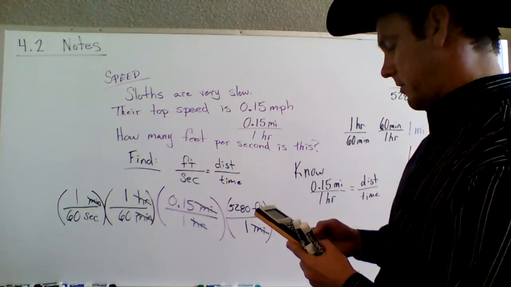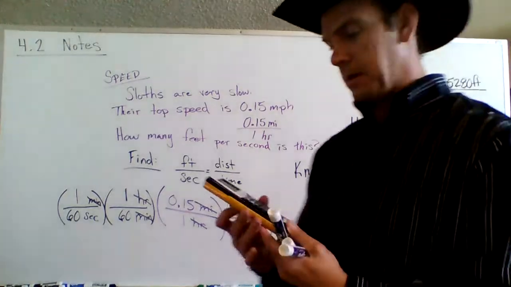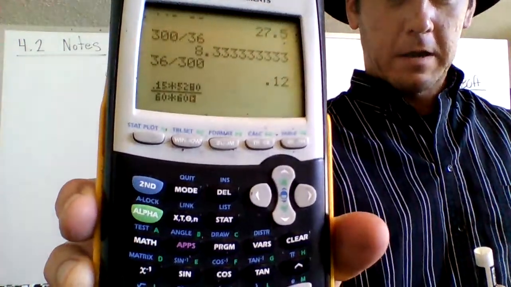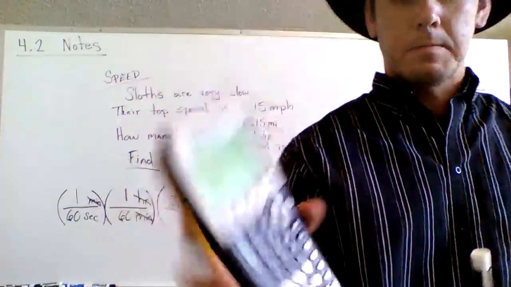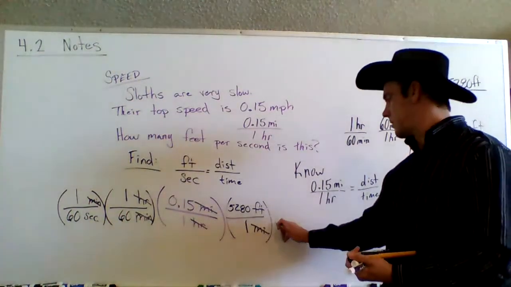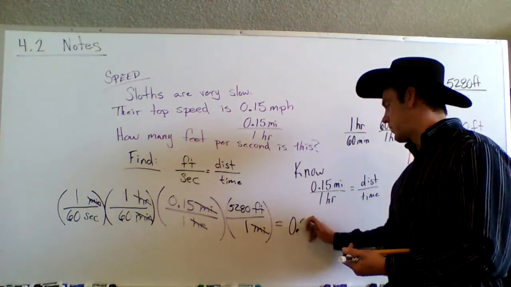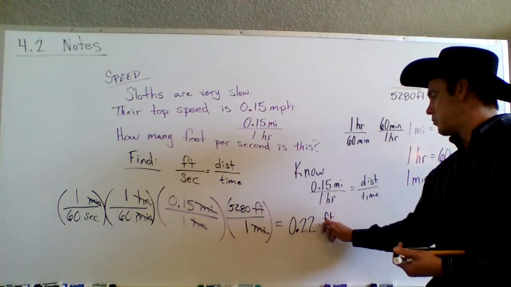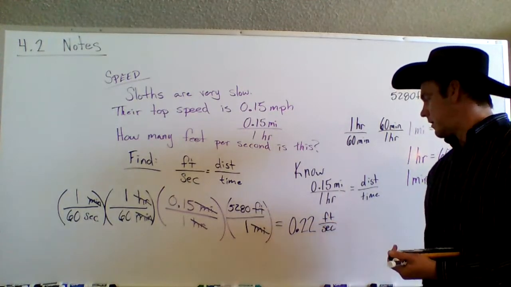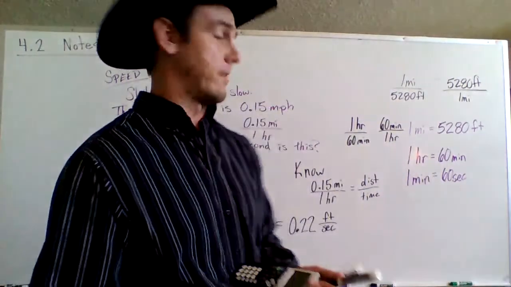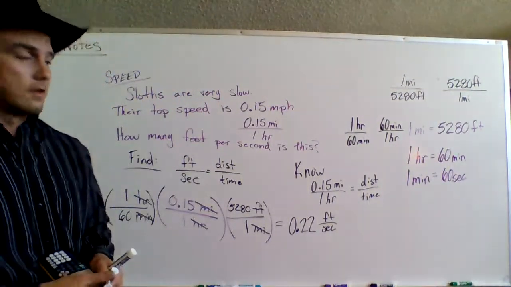On bottom, I'm going to do 60 times 60. I don't know if you can kind of see that. That is how I would type it into my calculator. We hit enter, and I get 0.22. So 0.22, those units are feet per second, which means sloths cannot move a foot a second. They can't even move like half a foot a second.